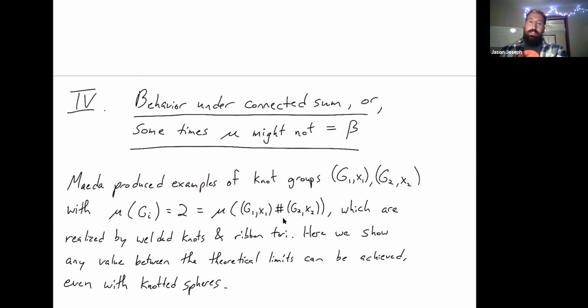And then he does the connected sum. So you take G1 star G2 and amalgamate the x's. And then he plays around with the presentation and shows that that also has meridional rank 2. And what's striking is that he finds a Wirtinger presentation with 2 meridional generators.